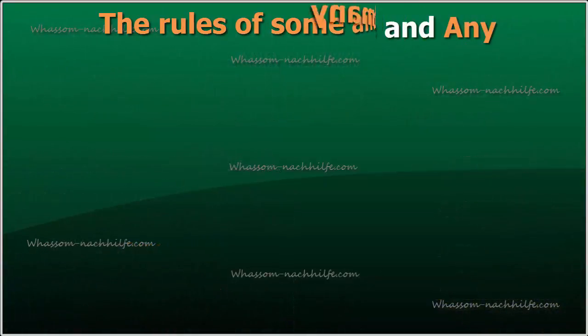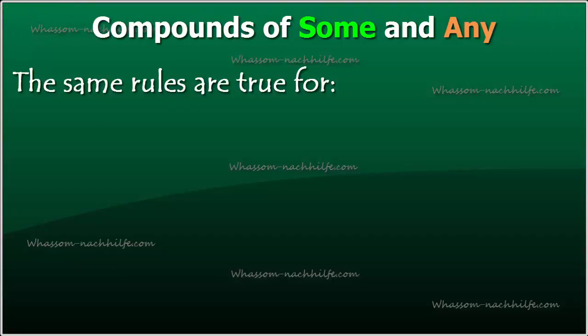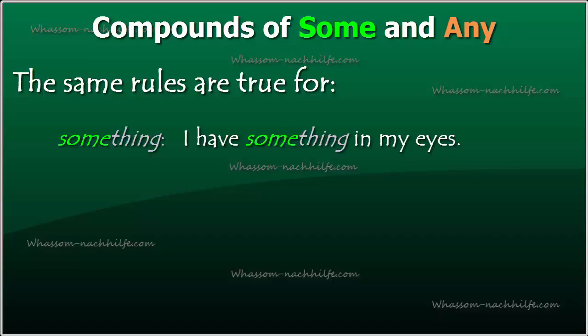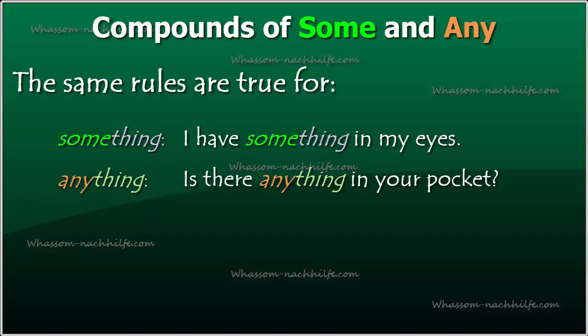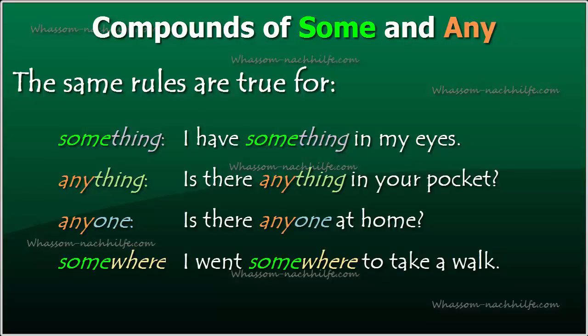When you know how to use some and any, it definitely applies to all its compounds. For example, something, I have something in my eyes. With anything, is there anything in your pocket? Or anyone, is there anyone at home? Somewhere, I went somewhere to take work.